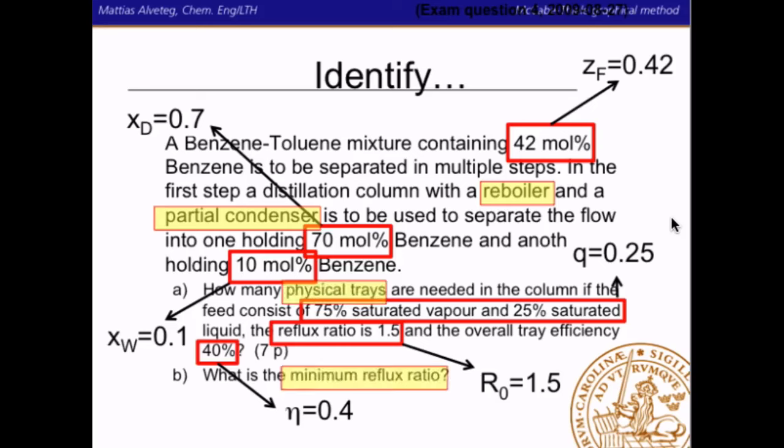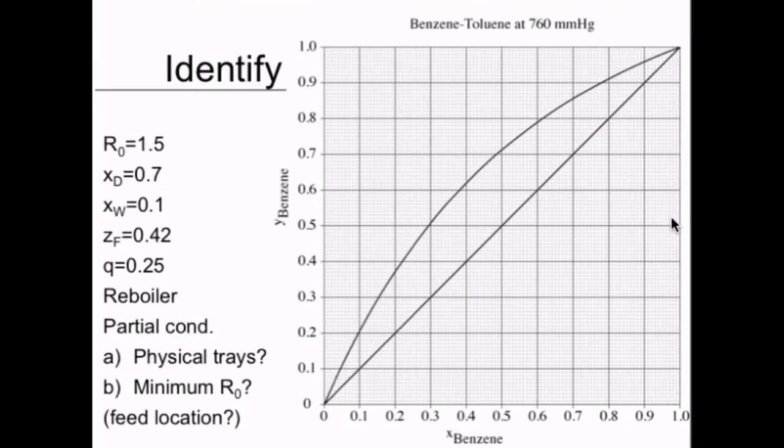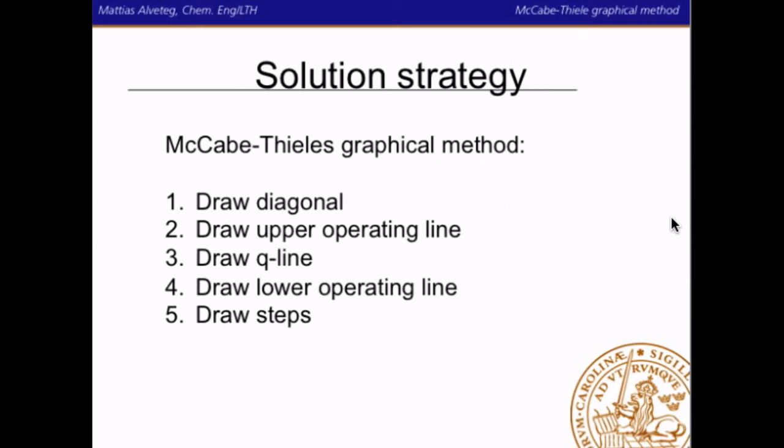So to summarize, we have R equals 1.5, xD 0.7, xW 0.1, zF equals 0.42, q equals 0.25. We have a reboiler, a partial condenser. We need to calculate the number of physical trays and the minimum reflux ratio. And we actually also will need to calculate the feed location, and we will do that in some detail.